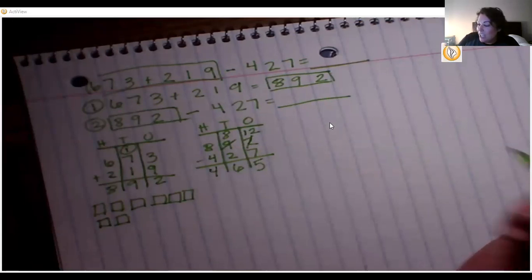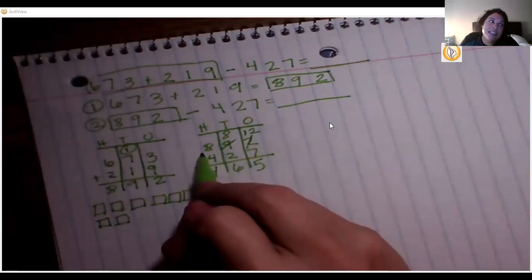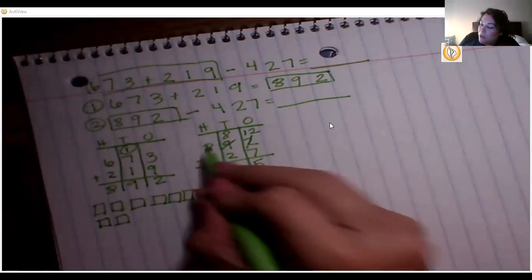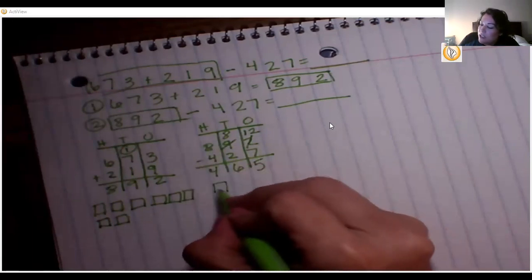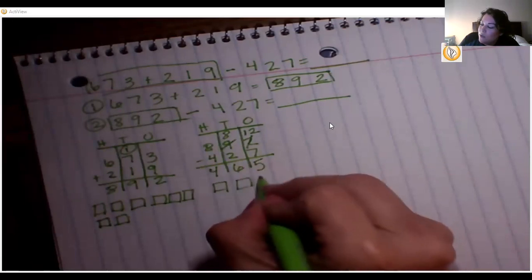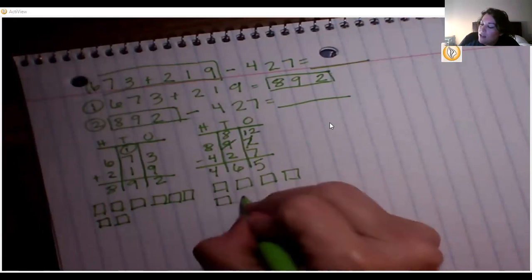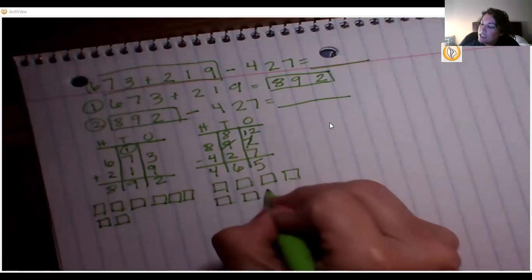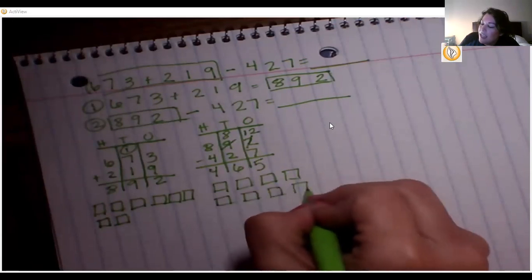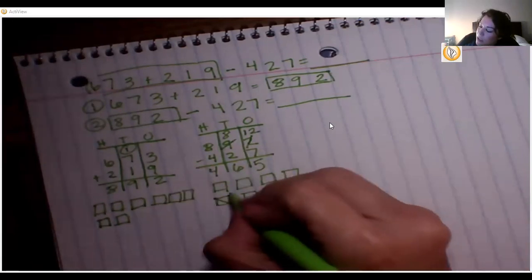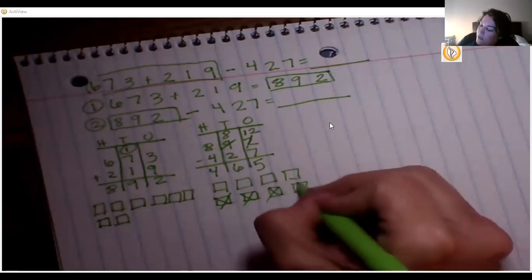Hey guys, let's check and see if it makes sense. This is subtraction, so we're going to show the top number. We have 800s. 1, 2, 3, 4, 5, 6, 7, 8. And I'm going to cross out 4 of them. 1, 2, 3, 4.